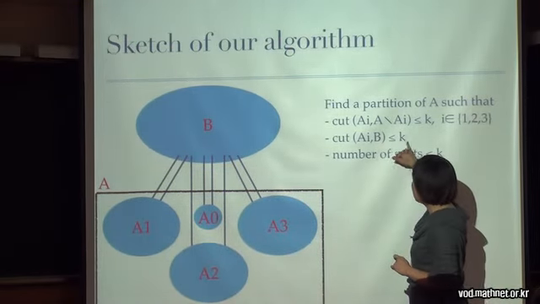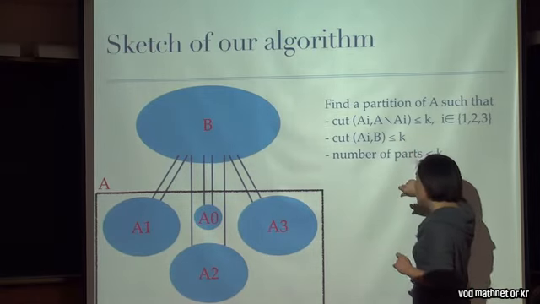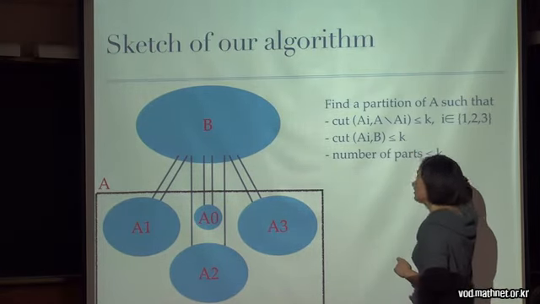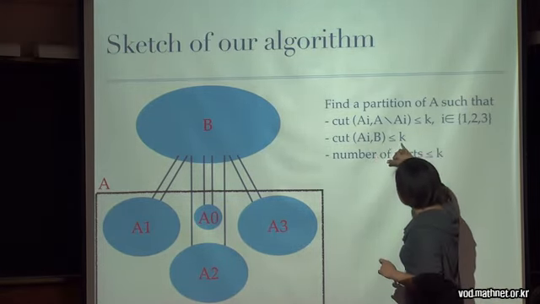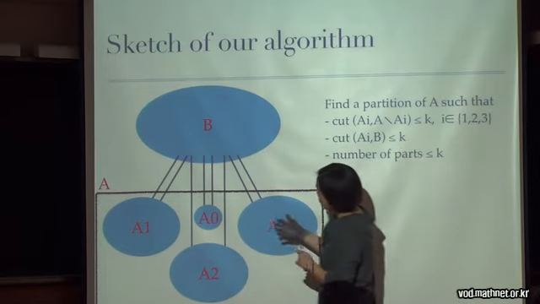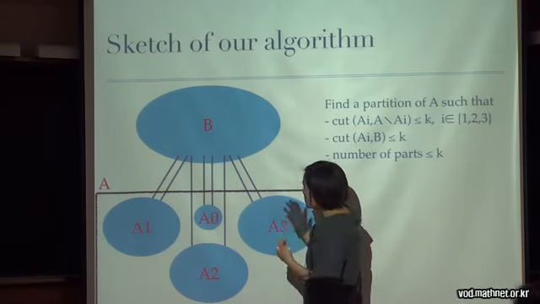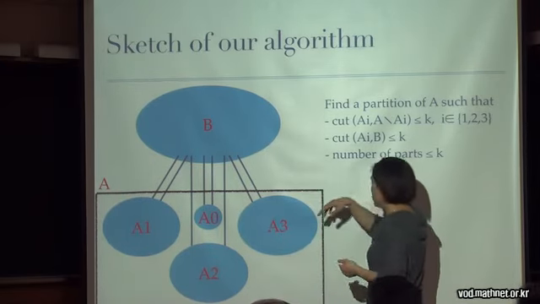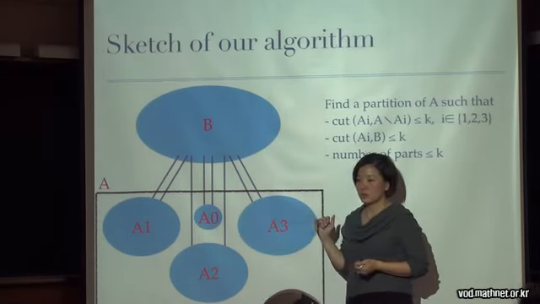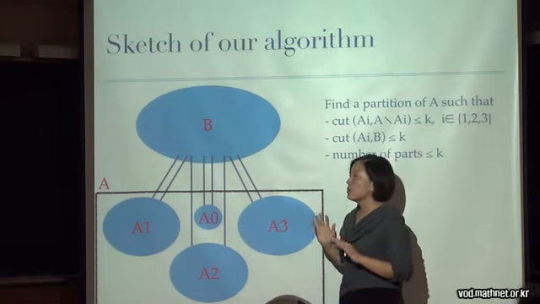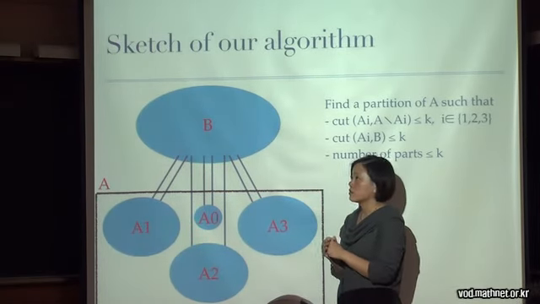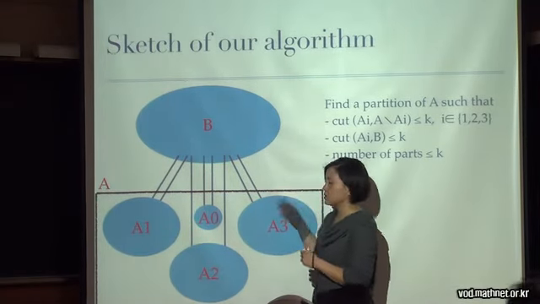And why do we need this second condition? We need it because we want to do recursion. We want that the cut size of the overall tree decomposition is at most 2k.